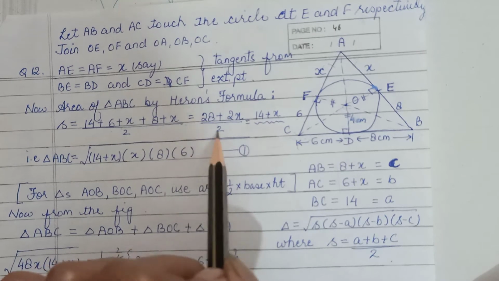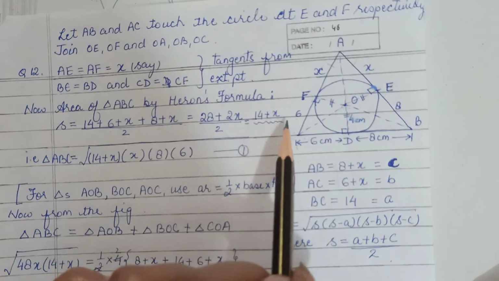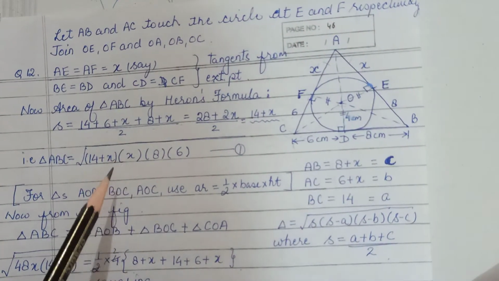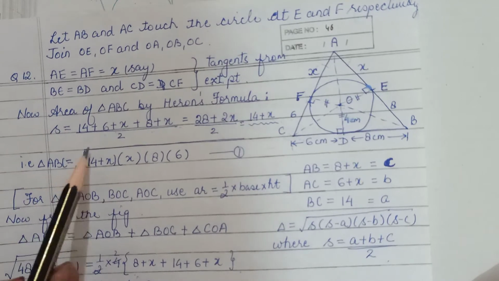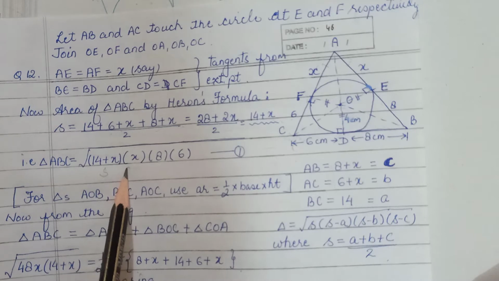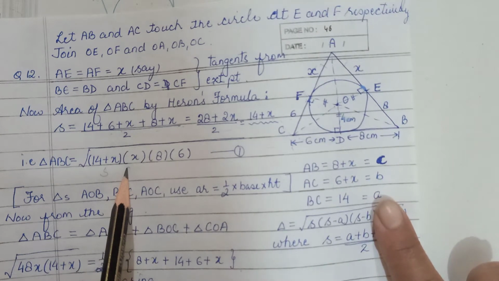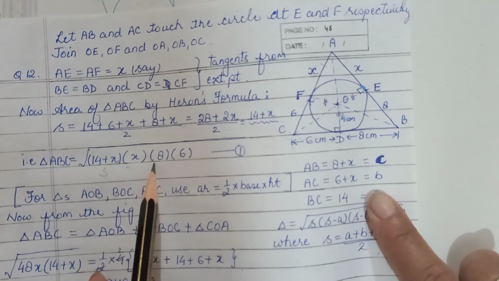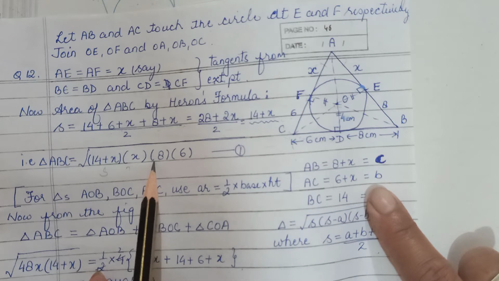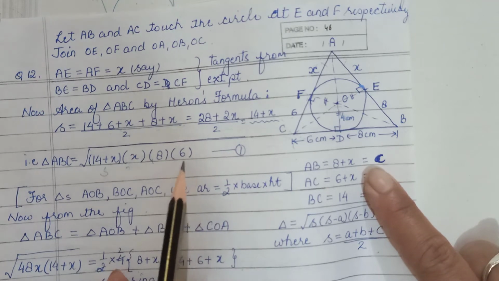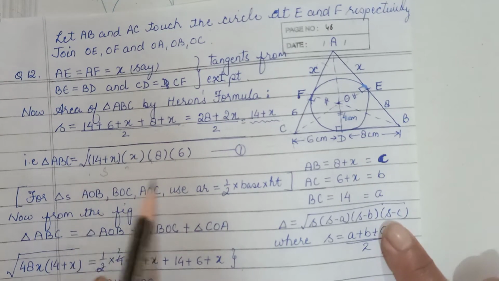Taking 2 common, 2 and 2 get cancelled, and you're left with 14 plus X as your S. Then area of triangle will be under root of S, then S minus a, which is 14: 14 plus X minus 14 gives you X only. Then S minus b: 14 minus 6 gives you 8, and minus X and plus X get cancelled. Likewise S minus c; you can check the calculation. This is what you get using Heron's formula.